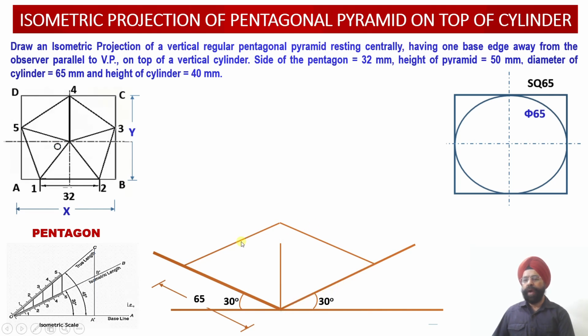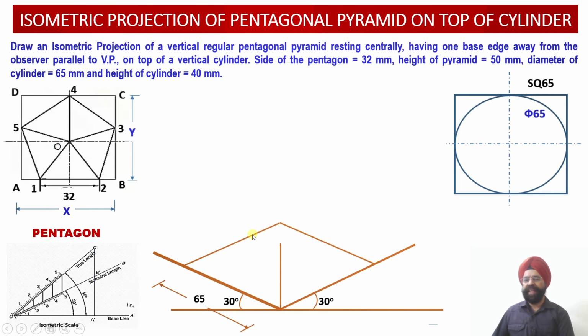Then two isometric lines have been drawn parallel to the x-axis and the z-axis. So this edge has been drawn parallel to the x-axis, and the length of this edge will be equal to 65 millimeter.